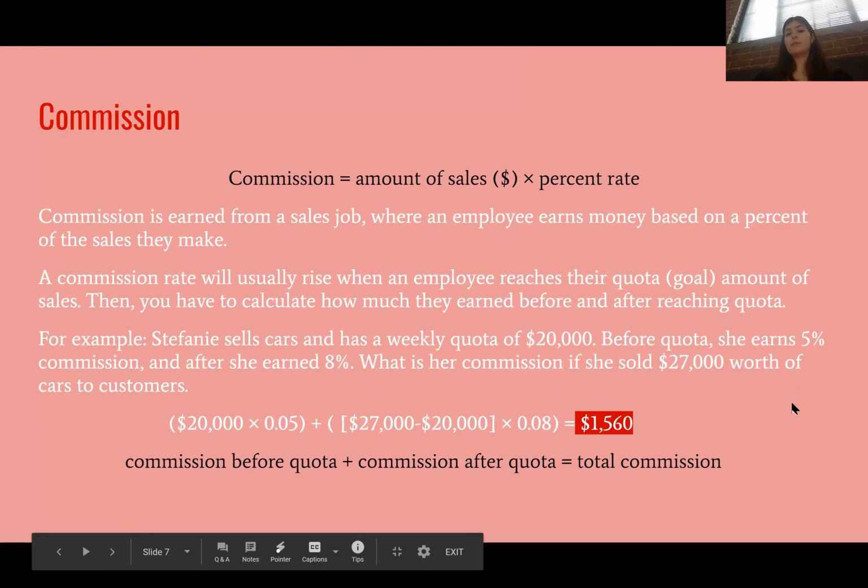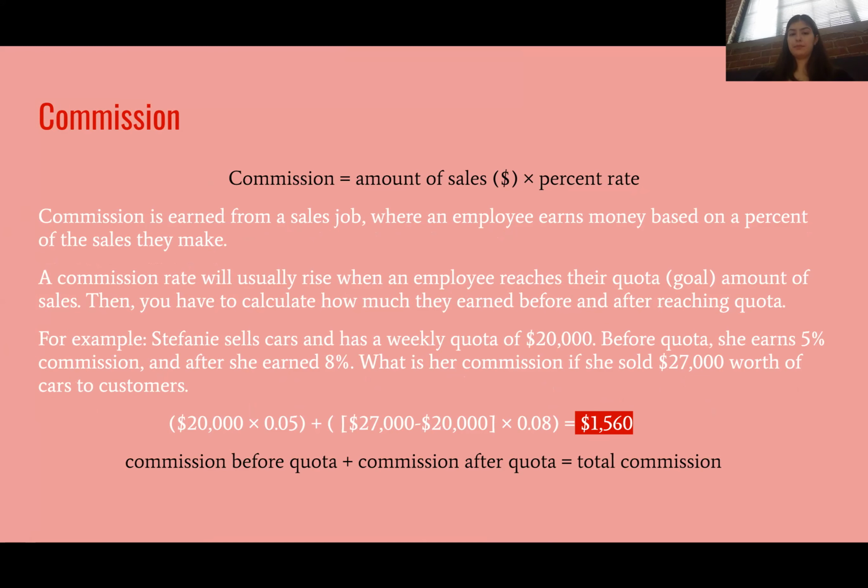Now let's talk commission. So commission is another example of a job that's not necessarily paid by the hour. All right. Commission equals the amount of sales, usually in dollars, times the percent rate. Commission is earned usually from a sales job, where an employee earns money based on a percent of the sales that they make. So let's say I sell shoes, for example, and for every pair of shoes that I sell, I earn 10% of that.